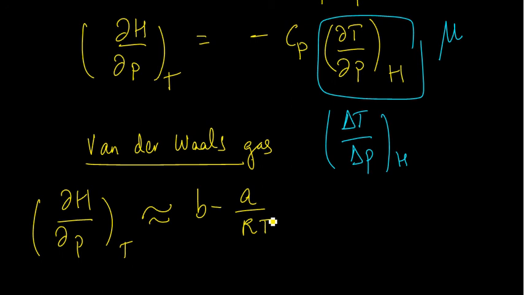Okay. So the isothermal Joule-Thomson coefficient in case of a van der Waals gas is B minus A over RT. Yeah, approximately. The rest of the terms are higher, so we can ignore them. Okay. So if it comes out to be B minus A by RT, there must be some temperature at which this fellow is 0.